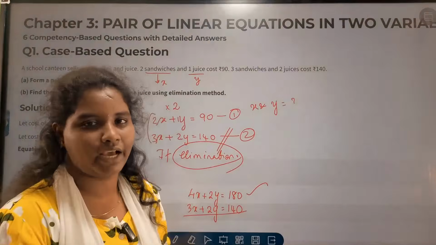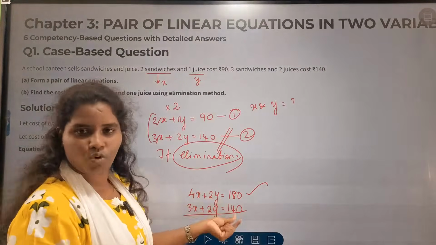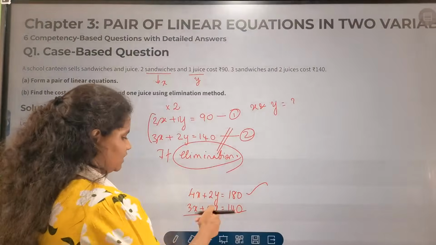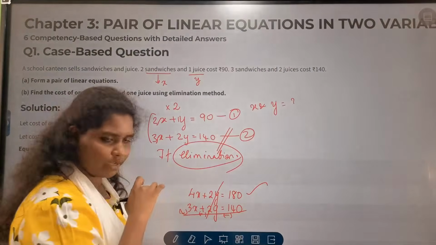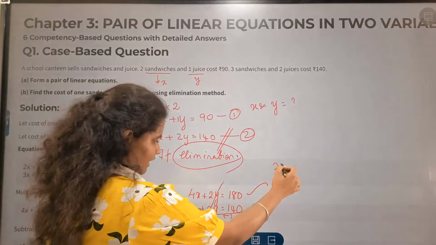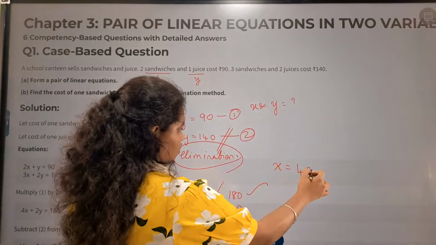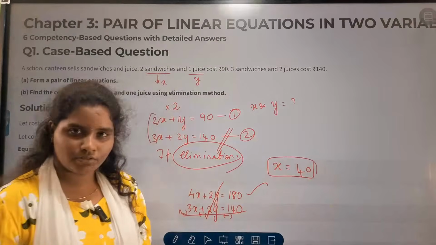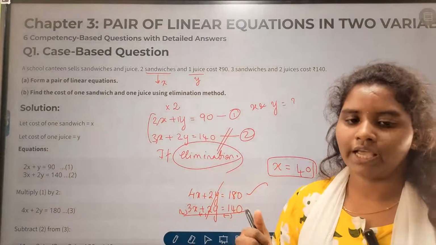See, here 4x plus 2y is equal to 180 and 3x plus 2y is equal to 140, right? So I'm just going to subtract. 2y minus 2y gets cancelled and 4x minus 3x is x, which is equal to 180 minus 140, that is 40. So x value is equal to 40 by using the elimination method.